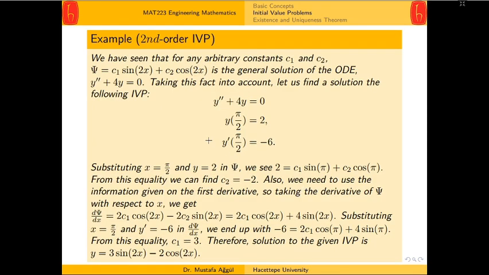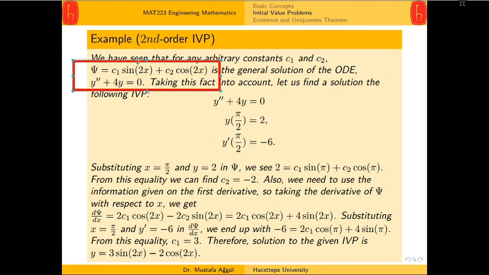Okay, so an example for a second order initial value problem. Here we have a psi function, and this psi function is really the solution for this particular ODE. We have seen that already, right? Just a minute ago.